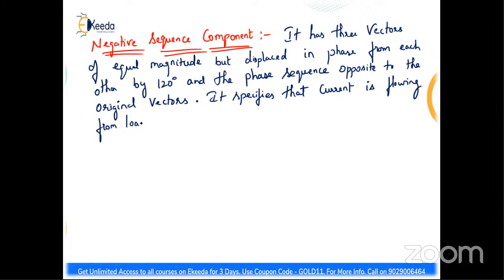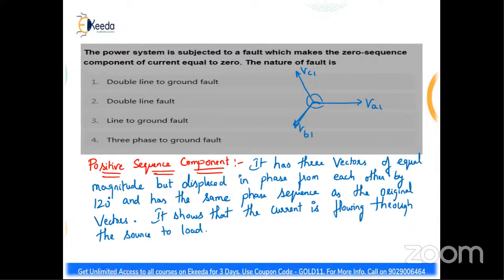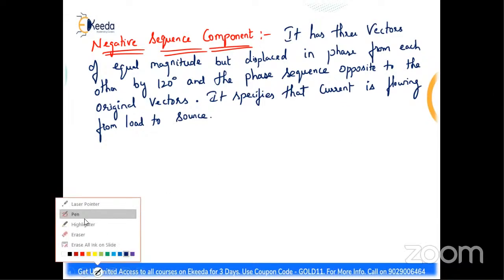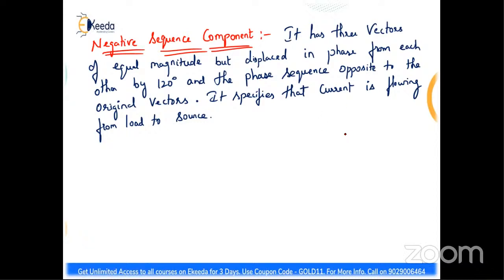Understood? In the positive sequence, the current flows from source to load, whereas in the negative sequence component, the current flows from load to source. Here the phase sequence is opposite to the original vectors. Their magnitudes are the same. This is IA1, and their magnitudes will be the same.